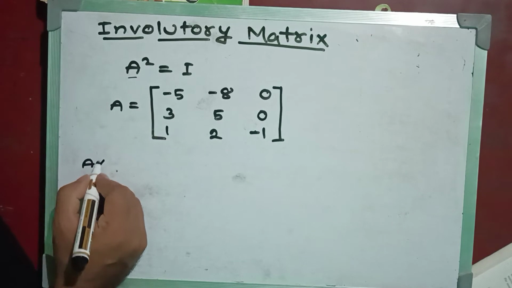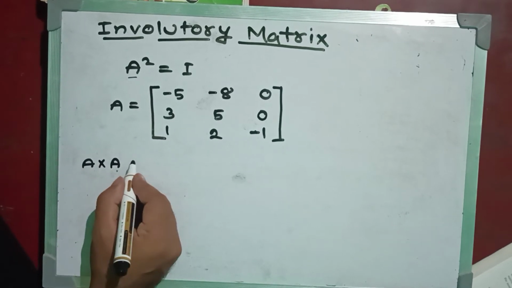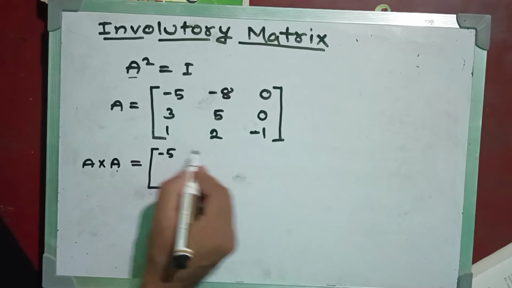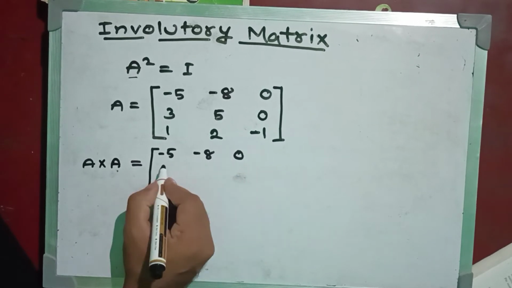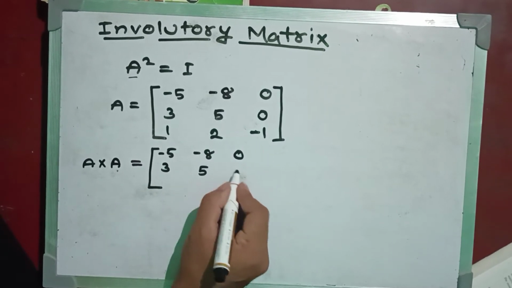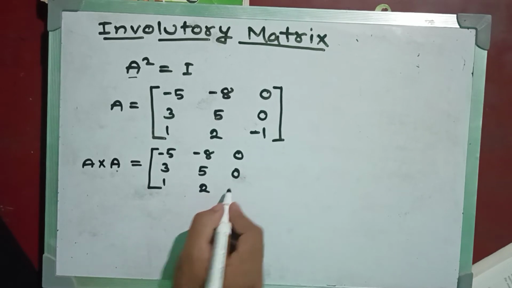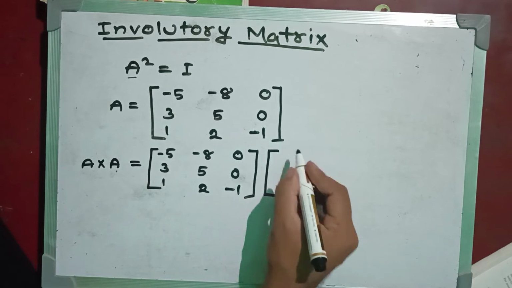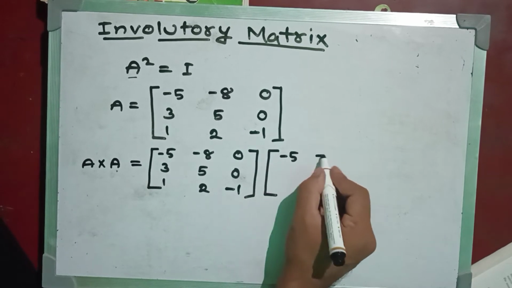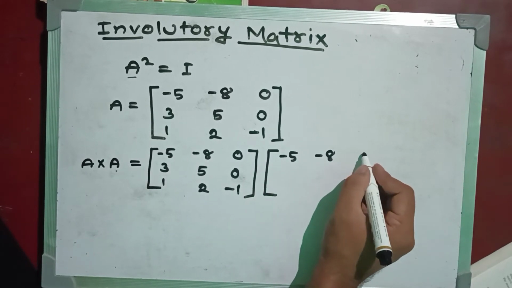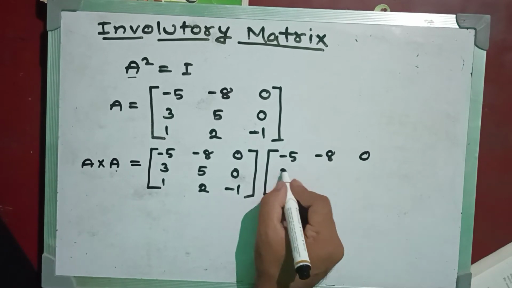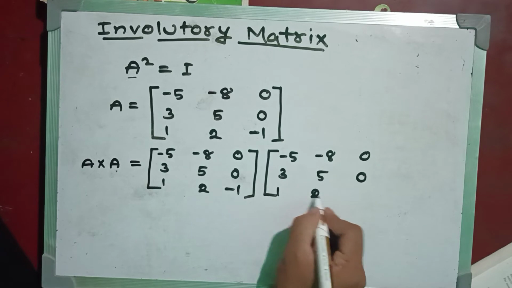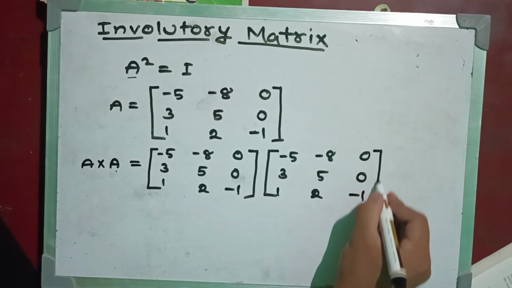So for that we will do A square, A cross A. So I am writing the matrix again. Here the matrix is square, so we can do the square.